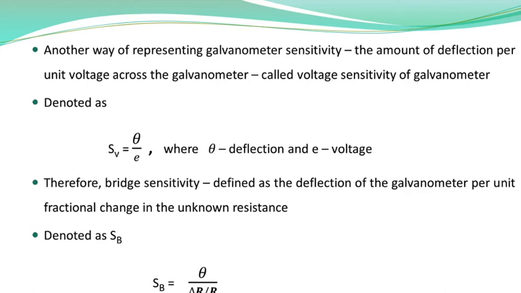Therefore, Wheatstone bridge sensitivity is defined as the ratio of deflection of galvanometer per unit fractional change in unknown resistance, and the equation is SB is equal to theta divided by delta R by R, where SB is the sensitivity of Wheatstone bridge, theta is the deflection, delta R by R is the change in unknown resistance.